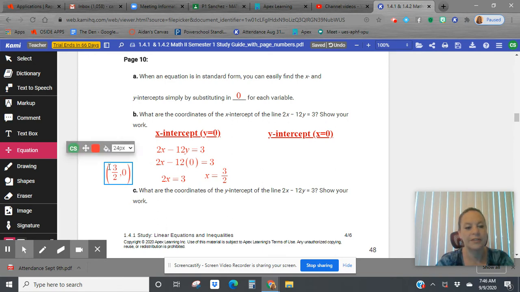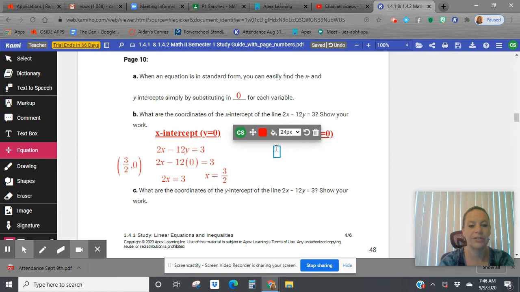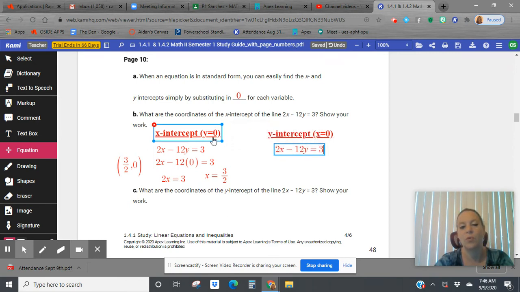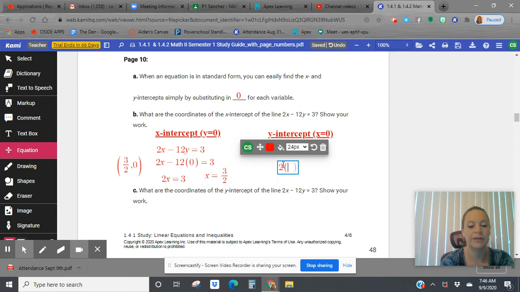And that's my x-intercept. Now down here, they're going to ask you for the y-intercept. So I'm using this space up here. Same exact steps. We start with the original equation, 2x minus 12y equals 3. This time when I go to plug in the next step, I'm not going to plug in y equals 0. I'm going to plug in for the y-intercept, the x equals 0. The plug-in of 0 goes here, showing that you understand the definition of intercept.